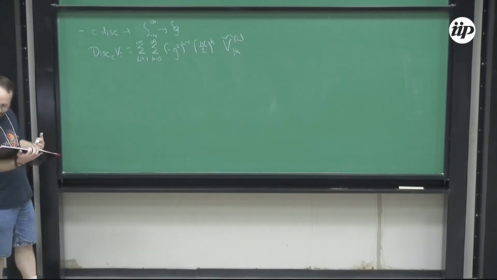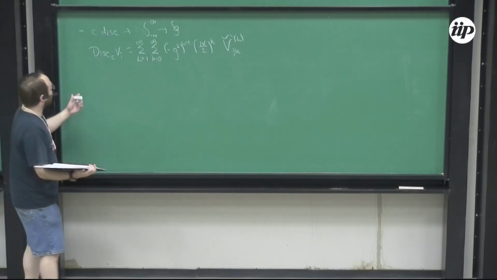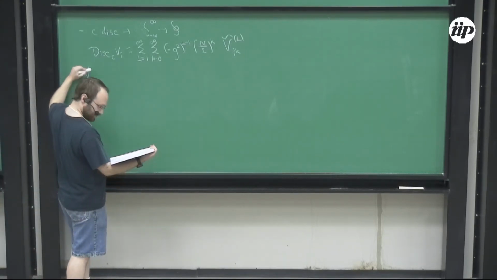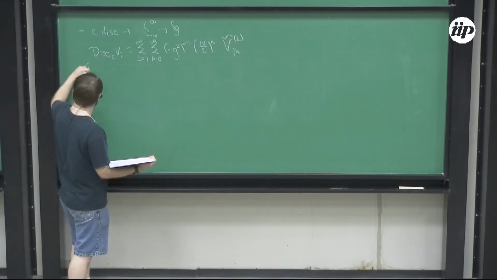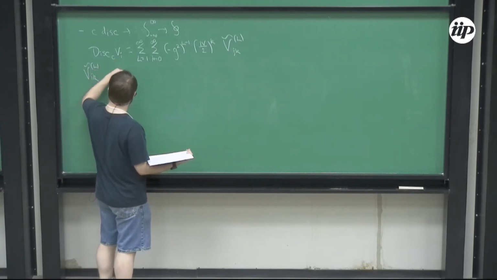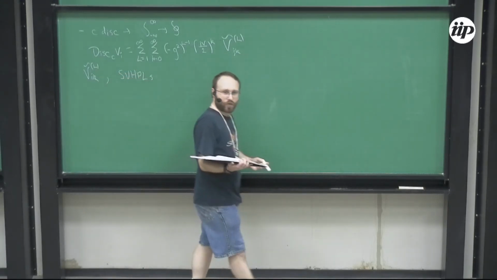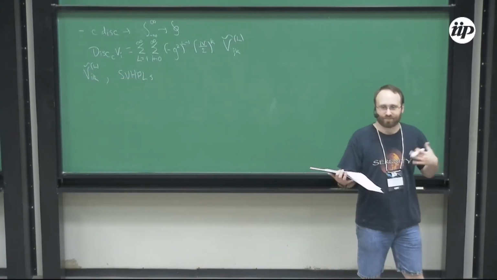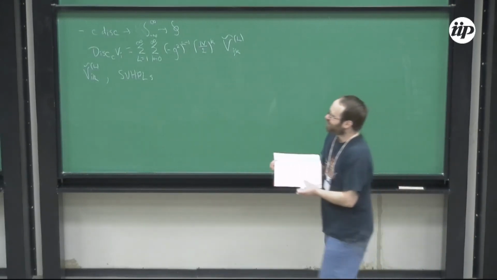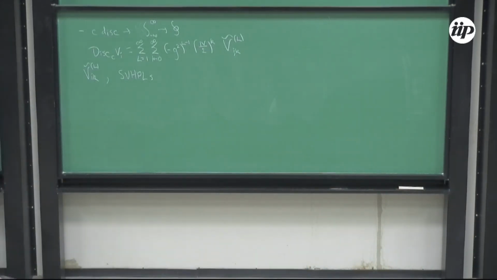And in particular, what you get are objects. So these v tilde ik of L are what are called single-valued harmonic polylogarithms. So these are G's with weight vectors 0 and 1, and with some single-valuedness condition.